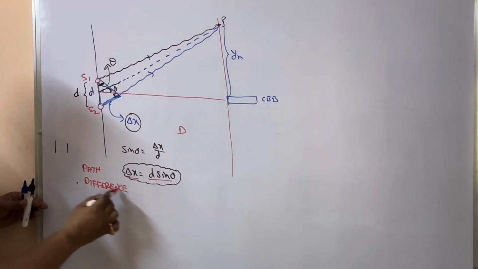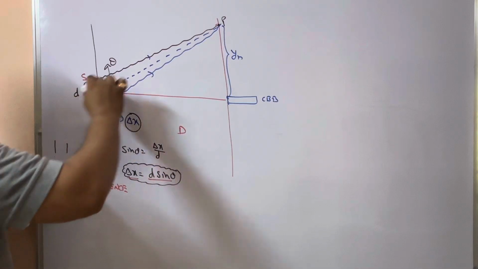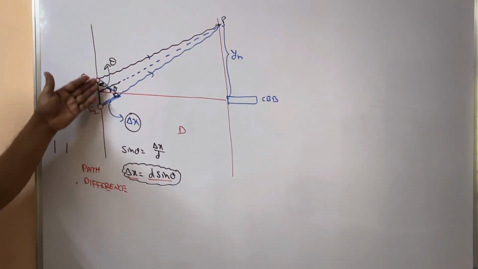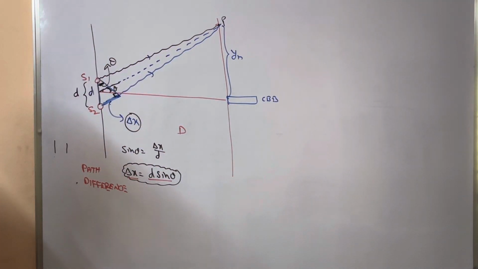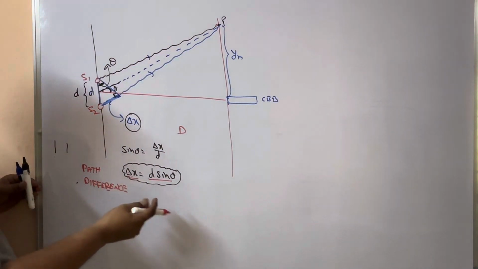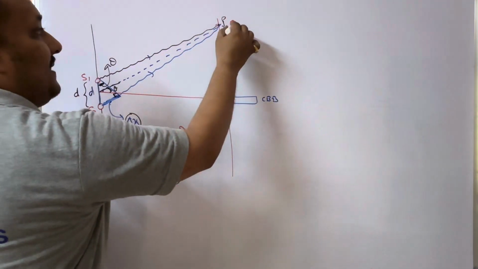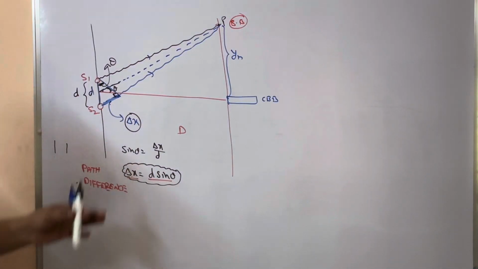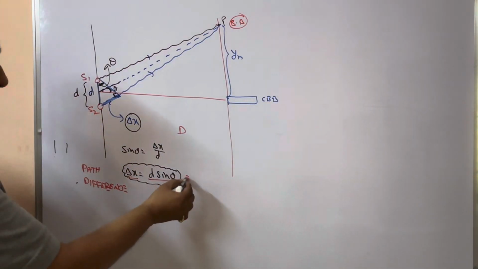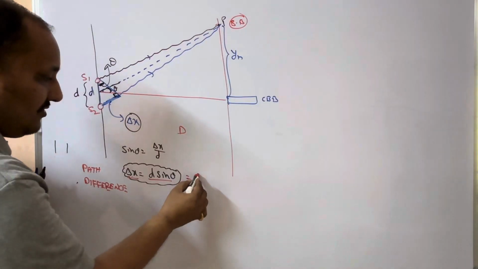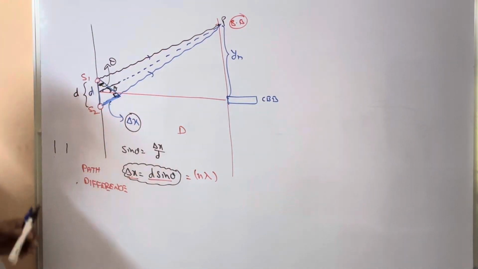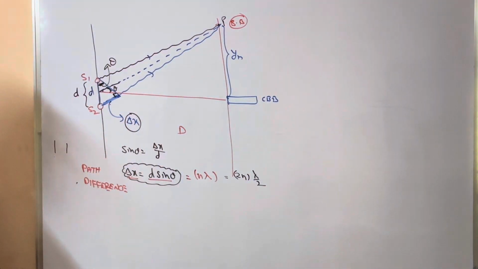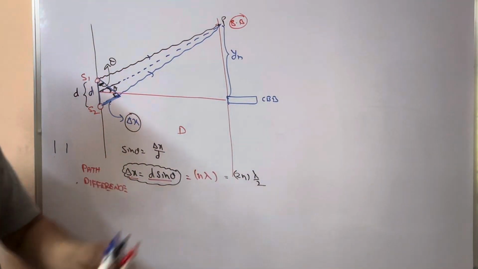How did we say path difference? S1 is reaching first, and after that S2 reaches. Just by observing these two, everyone can say who reaches P first. This is the path difference. So what is the condition to get a bright band at point P? The path difference should be equal to, as explained in the previous class, n lambda, or otherwise 2n lambda by 2.